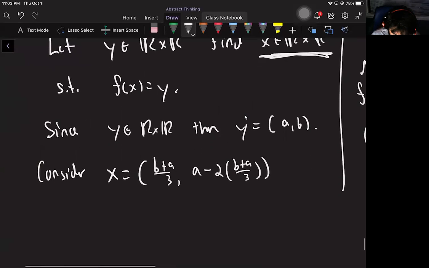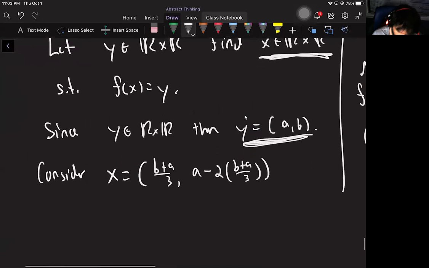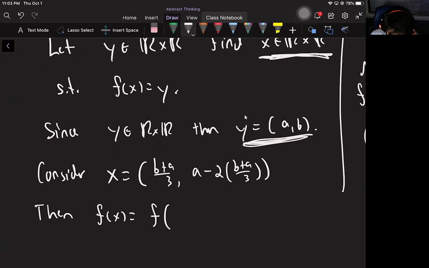Now I just have to show in my proof that it'll make y pop out, that it'll make a comma b pop out. And it will, because that's what the scratch work was preemptively showing us would happen.